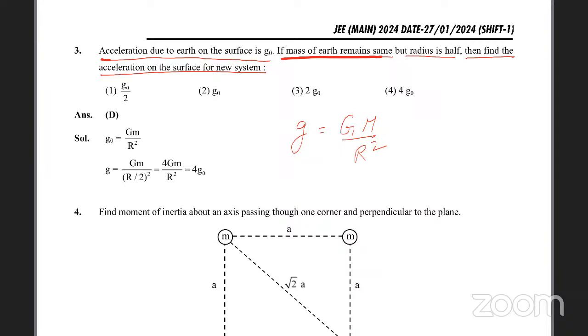What is the condition? Mass of the Earth remains the same, but radius becomes r by 2. This is a very straightforward formula. So we can calculate easily: GM by (r by 2) whole square, it's 4g0. So the answer is 4g0.